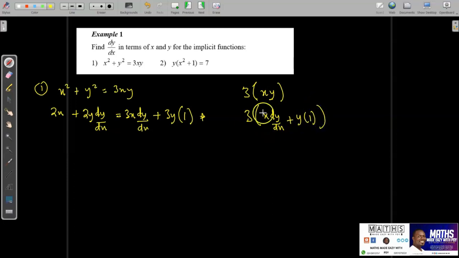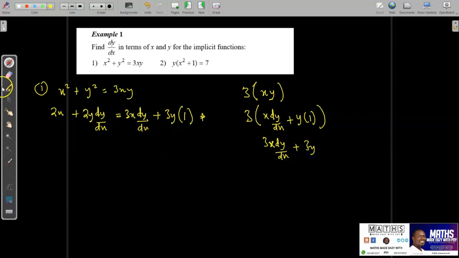So at this point, I've been able to differentiate. But going further, this 3, which is outside the bracket or the coefficient, can expand through. When it expands through, we are going to get 3x dy dx plus 3y. And it's the same thing that I've written here.